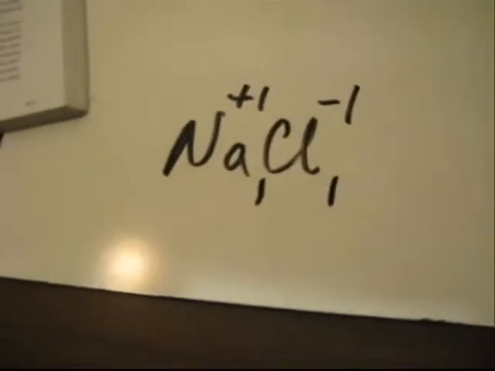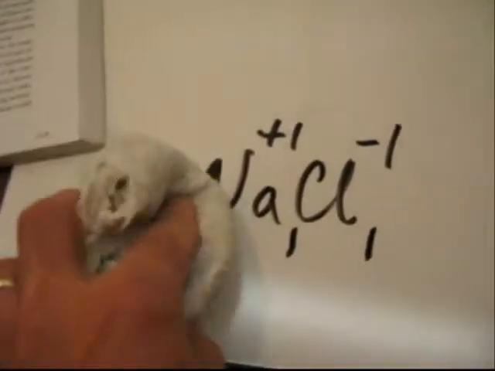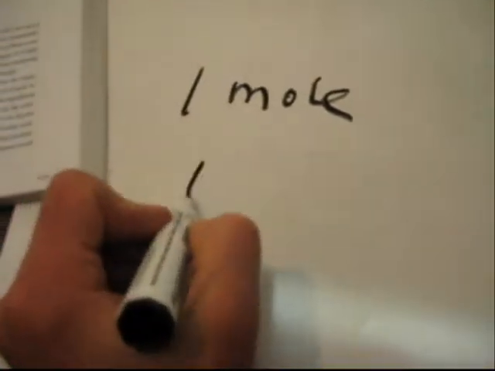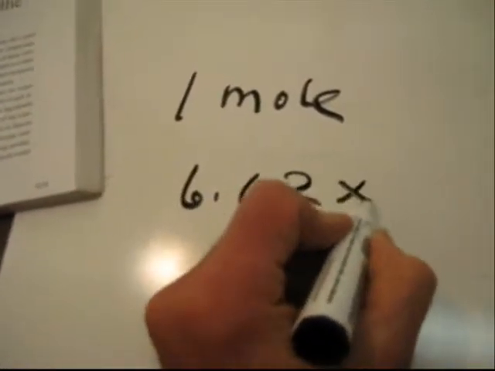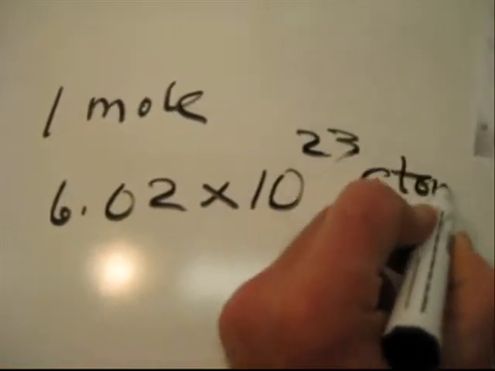This idea of the mole was developed by a chemist by the name of Amadeus Avogadro, and his idea says that in one mole of any element, there are 6.02 times 10 to the 23rd atoms.